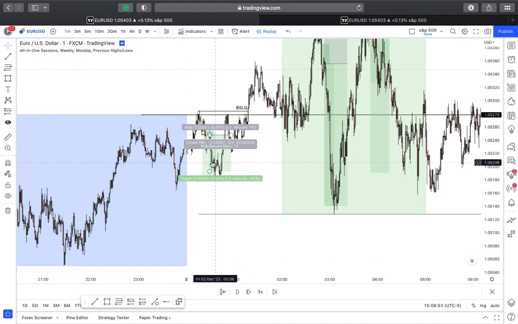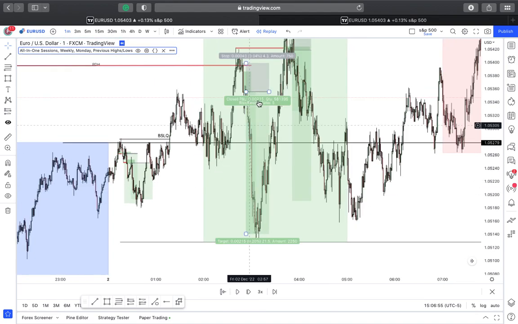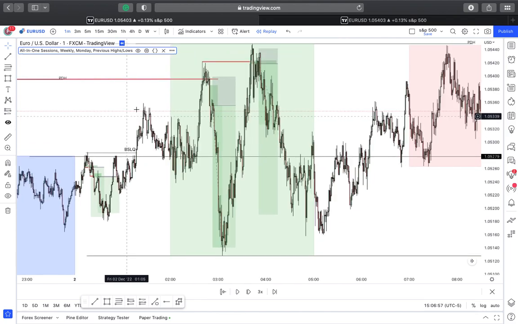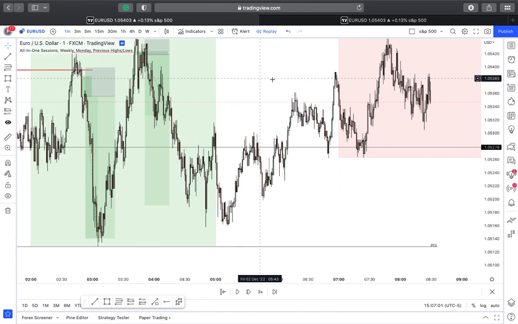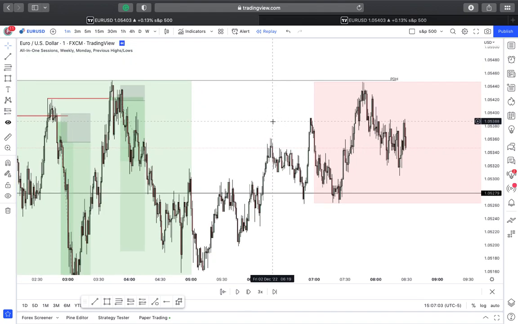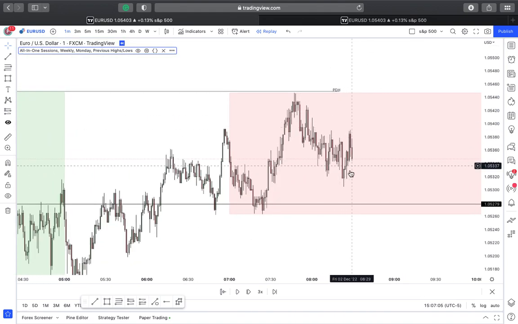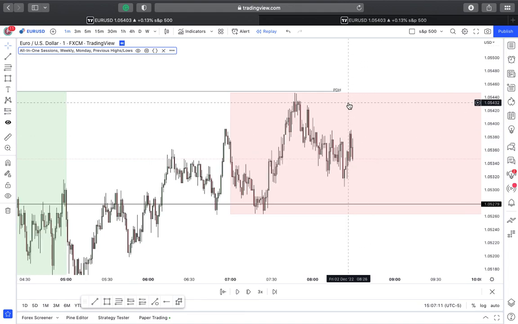So 5 hour, 5 hour. Let's say you missed the trade. 10 hour, 15, and off. What happened after that? So there's like the move that happened on NFP.